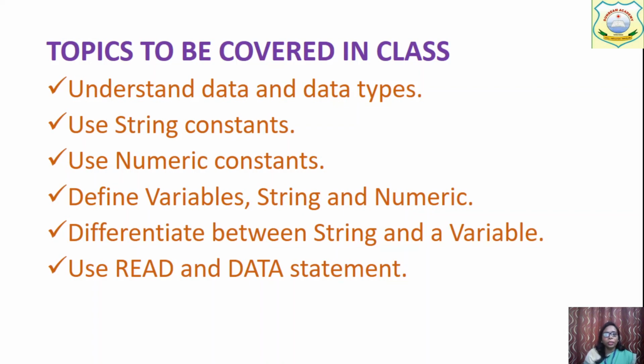I know all these terms are new to you, but don't worry, I will explain each and every concept one by one, but you have to be attentive. Now we will define variables, string and numeric, and then we will differentiate between string variable and numeric one, and then the read and data statement.